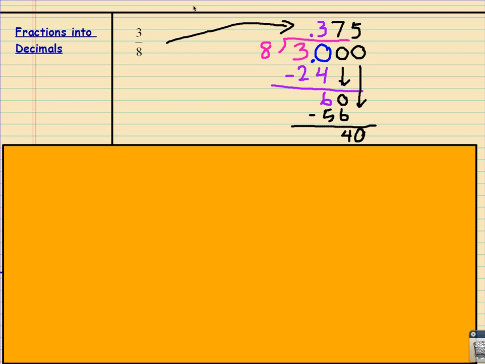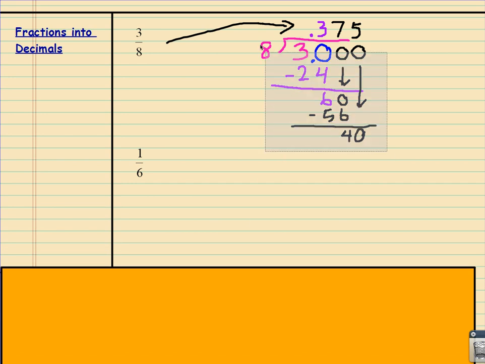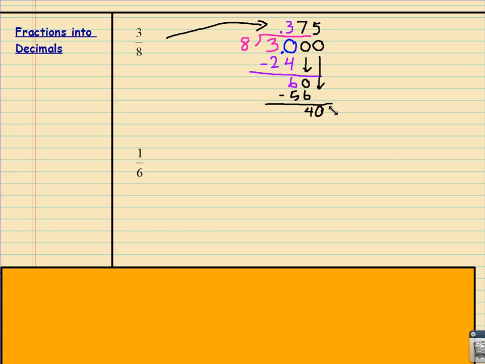Let's do another example. 1/6. Let me shrink this a little bit. We go through the same thing. We draw our division house. The first number, the top number, goes inside first. The denominator goes on the outside. Again, we realize that 6 does not go into 1, so we put a decimal point and put a 0.